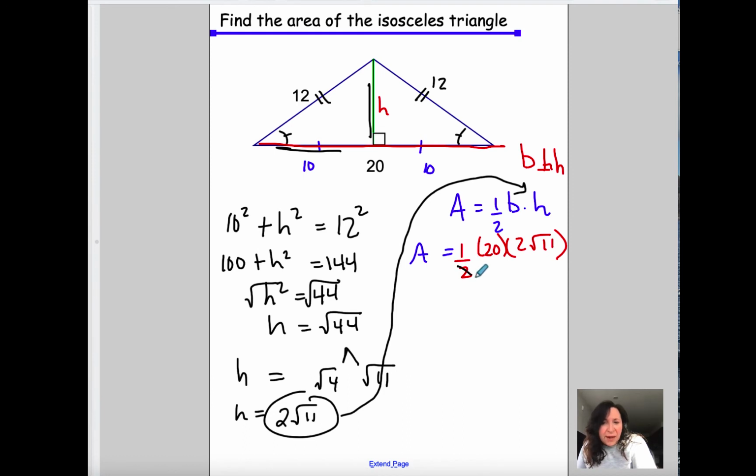I'm going to cancel out this 2 divided by 2, and I'm going to get 1. And now the area of this triangle is going to equal 20 root 11, and this is units squared. So just remember, area is always units squared because it's your base times your height, okay?